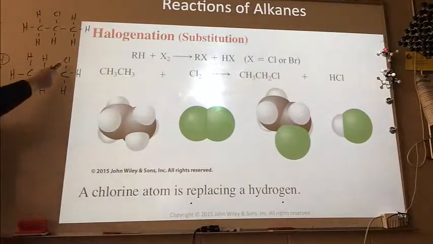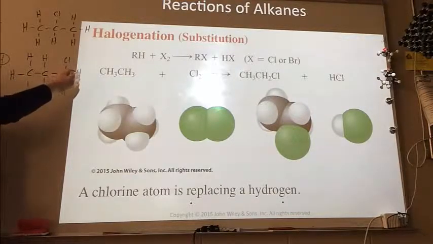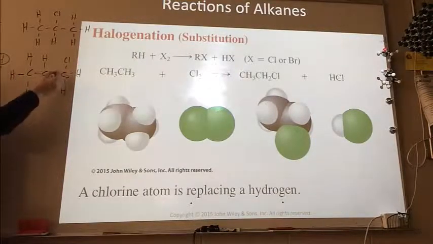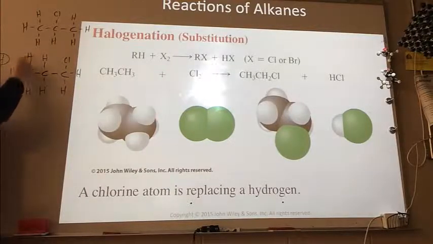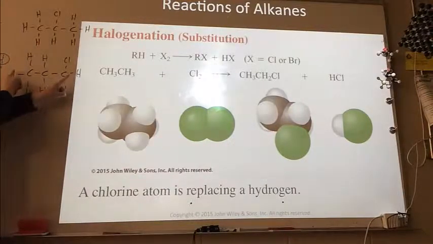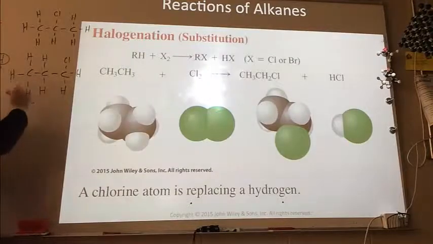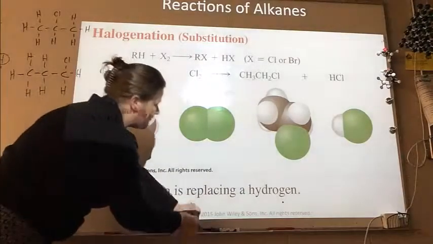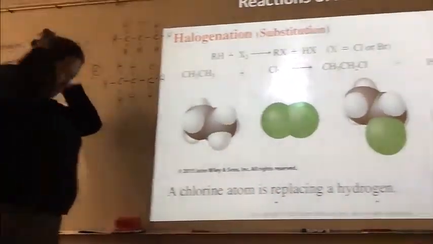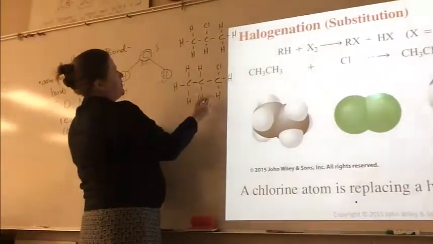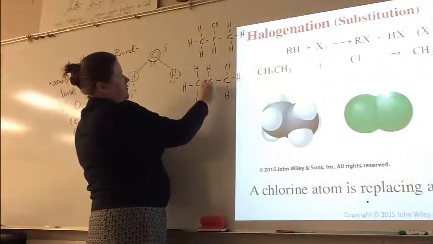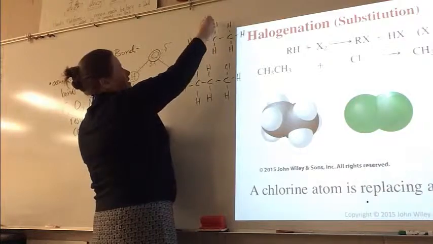Now this isn't any different than if I would have put this here, or here, or here. It's still a chlorine attached to an end carbon. If I would have put it here, it would be like switching the molecule around. If I would have put it here, it would be the same as putting it right in the middle.